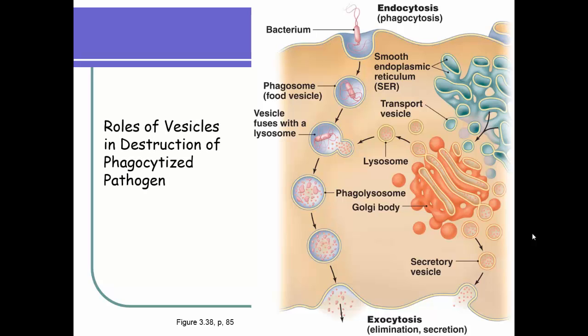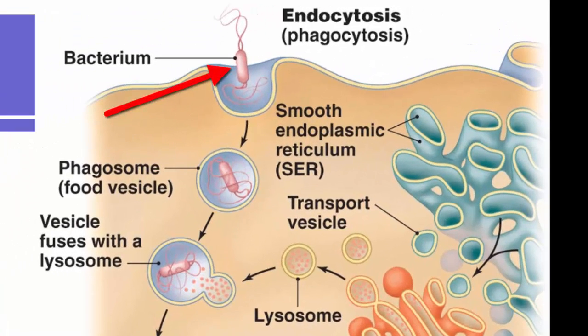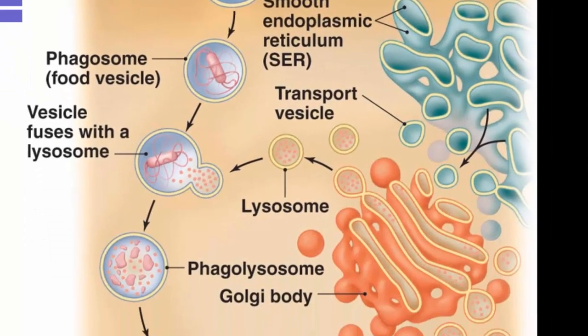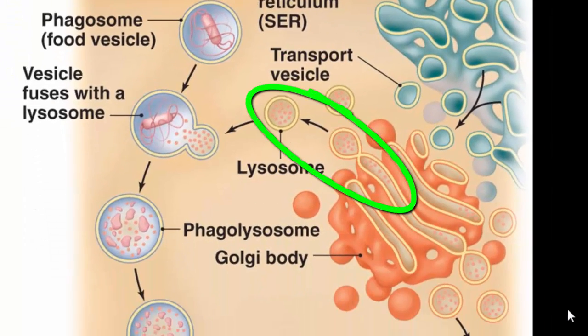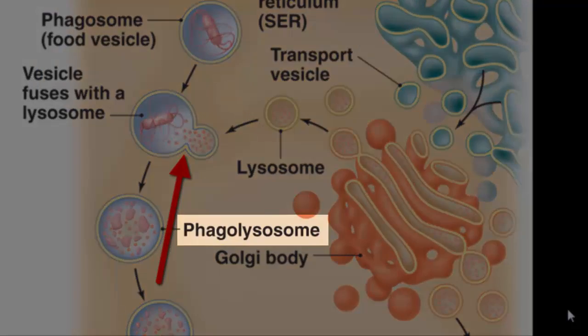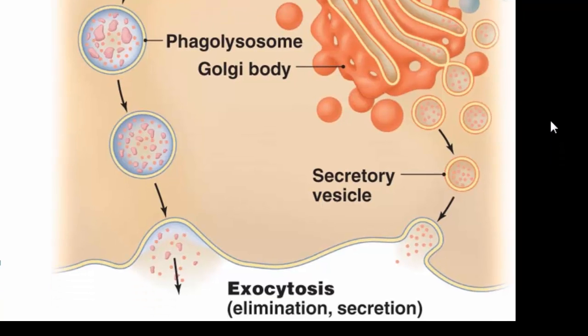Vesicles play a role in the destruction of a phagocytized pathogen. This bacterium is undergoing endocytosis or phagocytosis. It forms a vesicle known as a phagosome. The lysosome, created by the Golgi apparatus and filled with digestive enzymes, fuses with the phagosome, forming a phagolysosome, and the digestive enzymes act upon the bacteria, breaking it down.